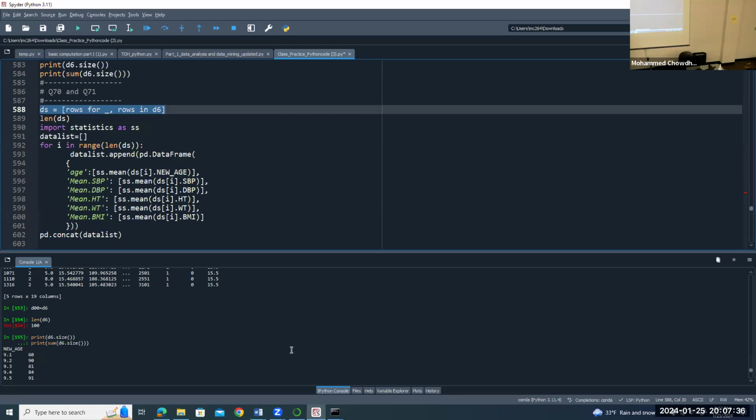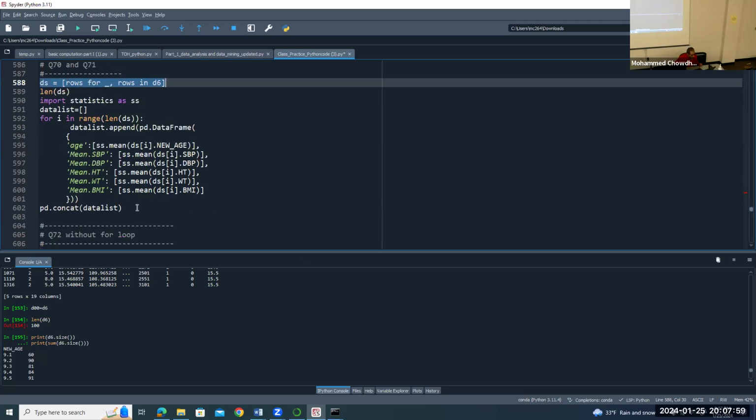And then this one goes with this one, that one goes with this one, and this one goes with this one. All the parentheses, and I am appending all of this to that data list. Okay, and finally I am getting the result in a concatenated format.